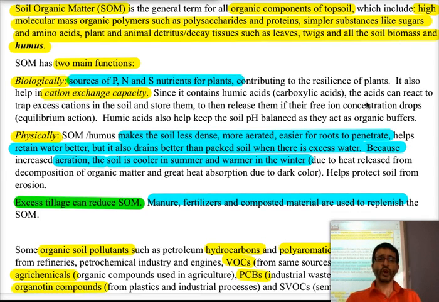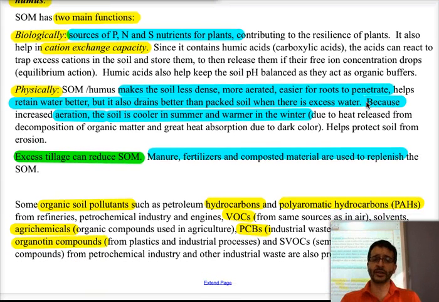All right. Some of the other soil pollutants that we see are things like leftovers of hydrocarbons, like polyaromatic hydrocarbons.